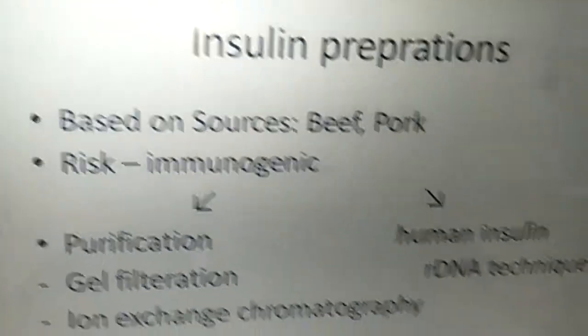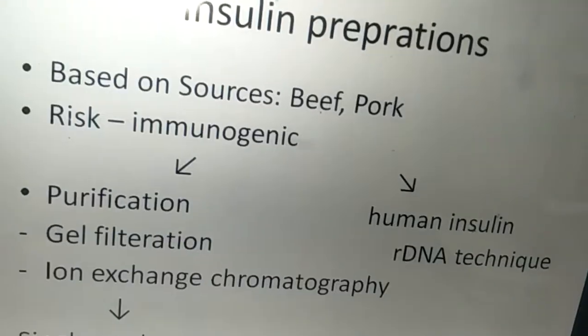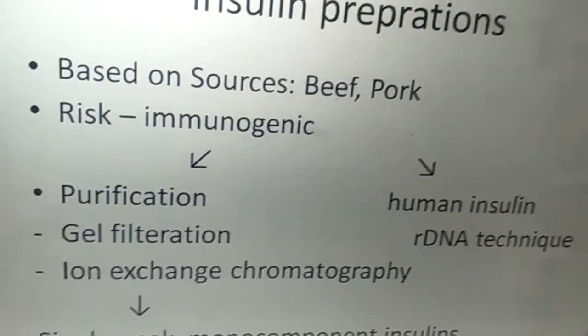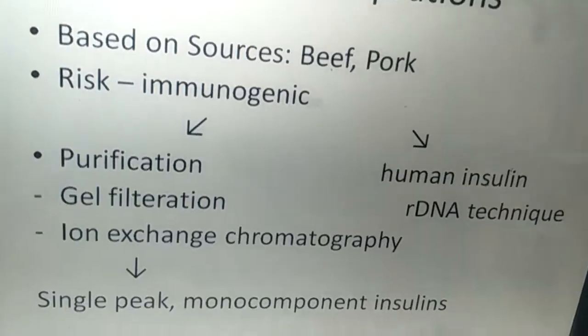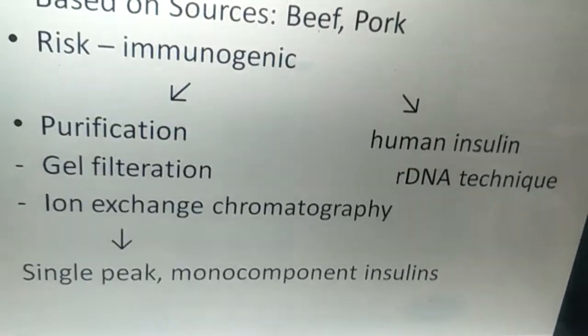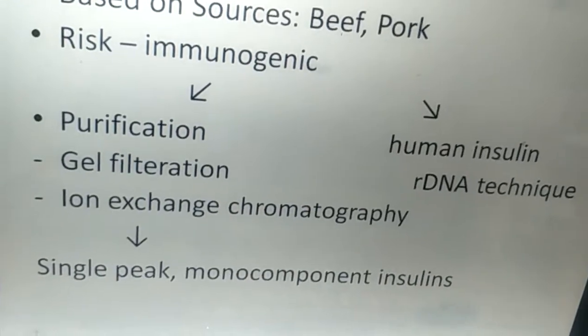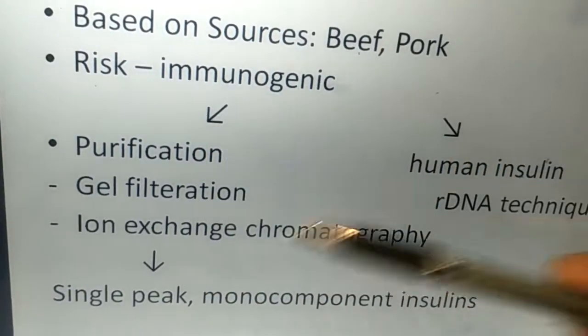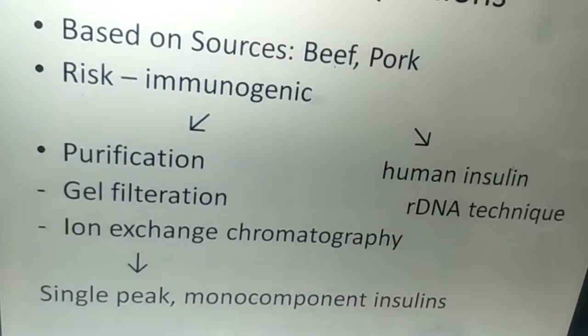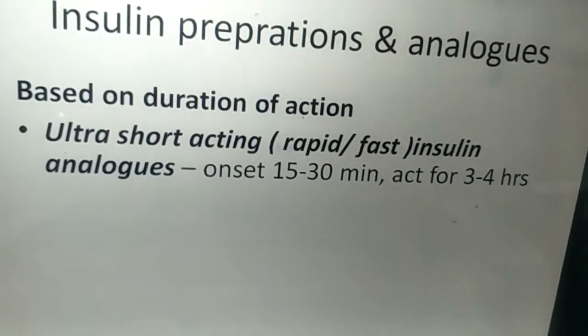So we can cover insulin preparations based on the source: beef, porcine and human. Beef and porcine are further divided by how they are purified, gel filtration or ion exchange. I'm leaving the details of this because they are not much in clinical use.